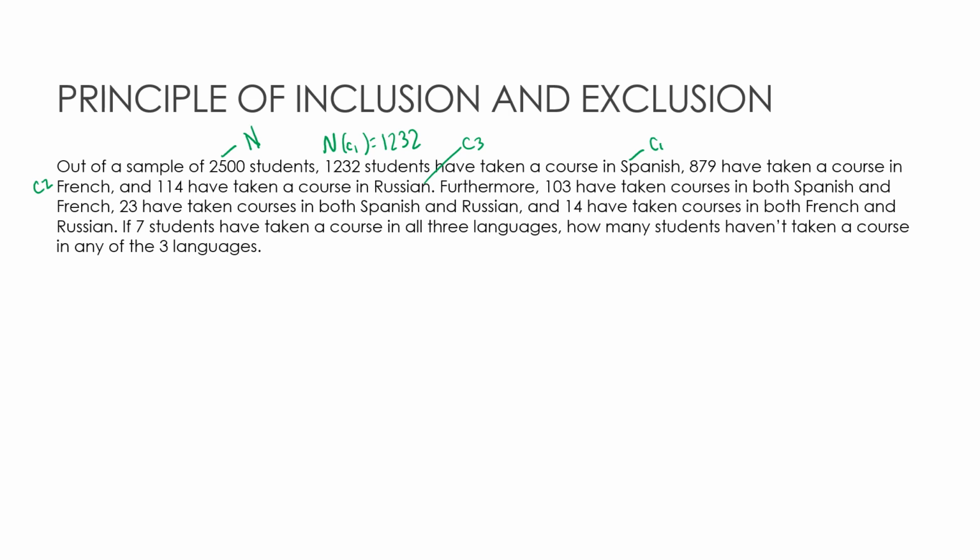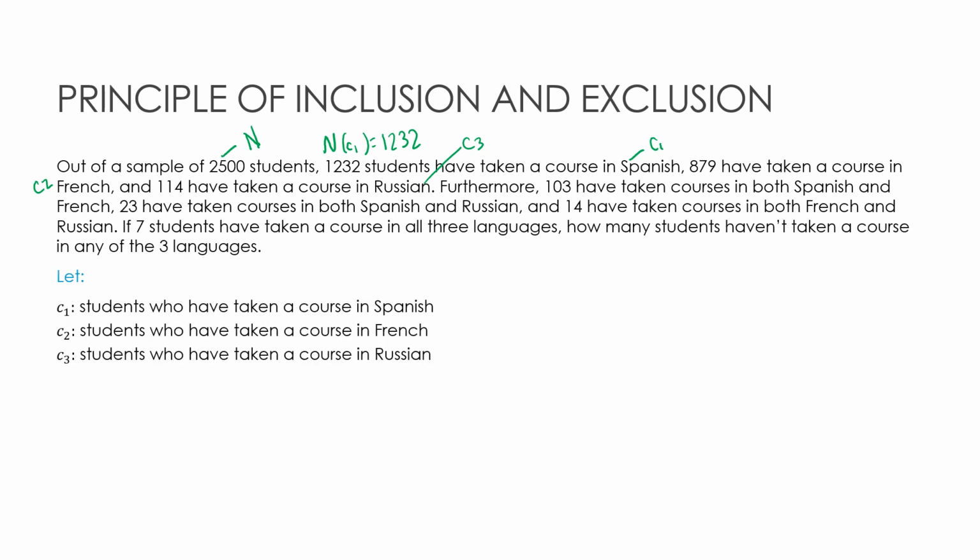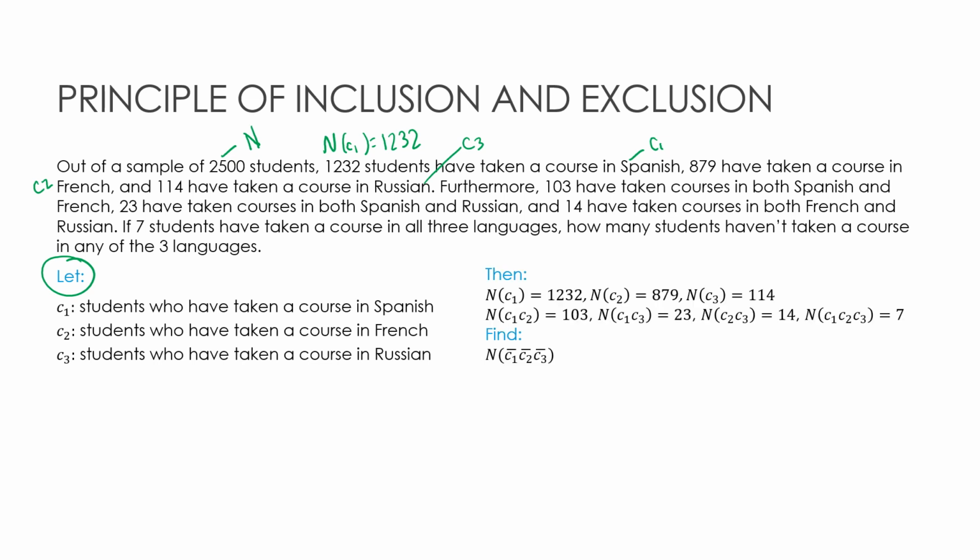Then it gives me information about people who are enrolled in two classes. So 103 in Spanish and French. So again, this is our first step, to say who is what. Now I'm looking at 103 have taken Spanish and French. Well, Spanish and French are C1, C2.